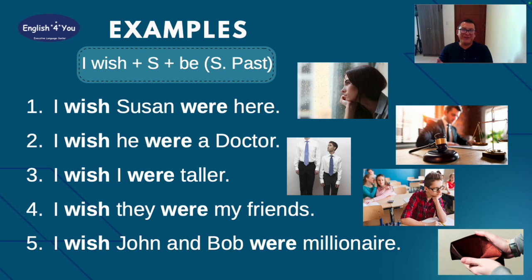I don't think so. So I wish John and Bob were millionaires. Are they millionaires? No, they're not. Okay. Now guys, remember, if you need to review this lesson, repeat this video as many times as you wish, until the information is clear.